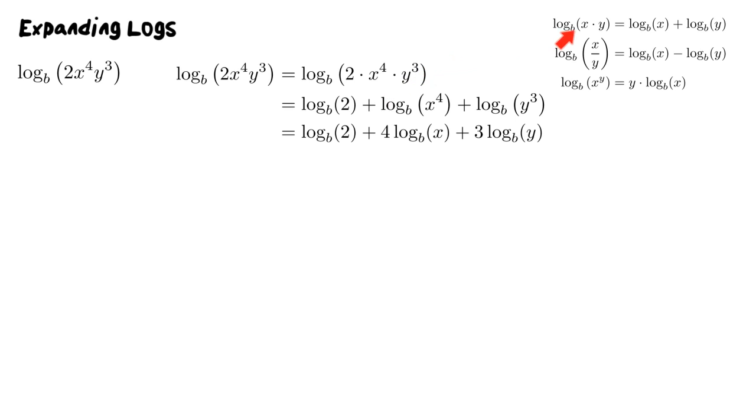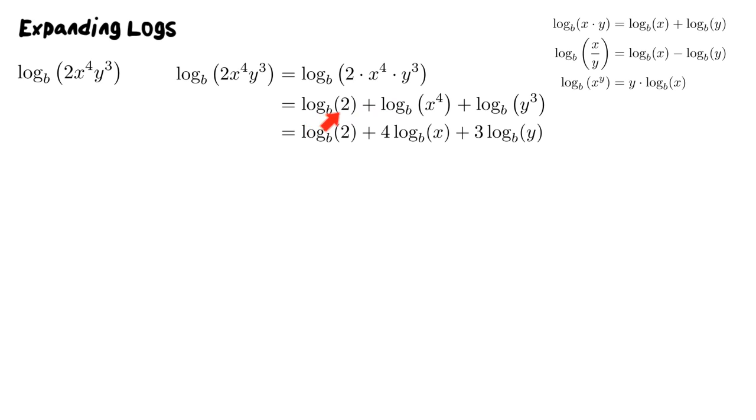The multiplication property says that when I take the log of things multiplied together, I can break it apart as the sum, addition, of the separate logs. So log of 2 times x to the fourth times y cubed, I break apart using my multiplication property like this in the second line.